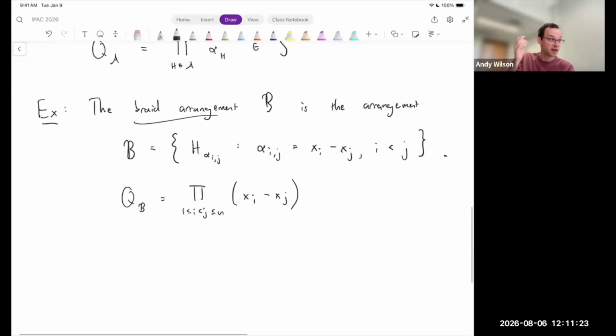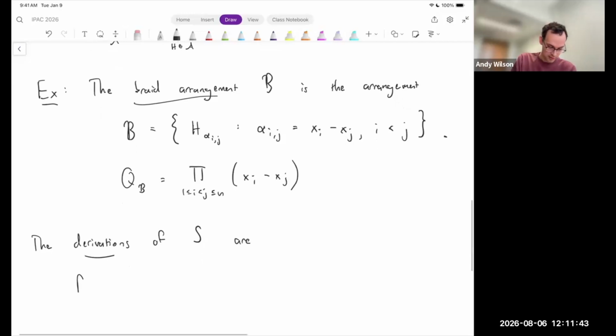Next, we need to talk about derivations. So a derivation of first the entire polynomial ring, or maybe I should say the derivations, I'll write them like this. There's various ways of defining this.